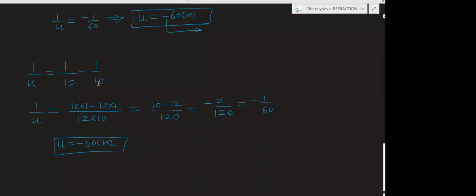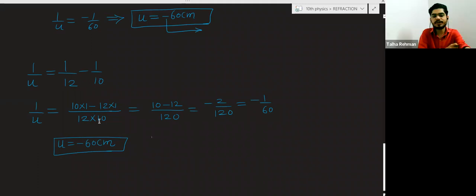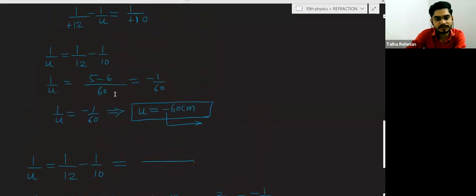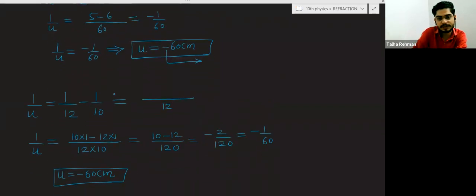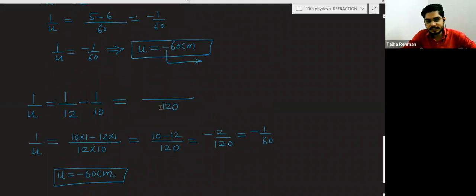You just simply multiply. And one thing you can notice here: I have taken 60, and you have taken 120. Definitely this 120 will be in the table of 12. 12 tens are 120, and this 120 will also be in the table of 10, when you go 10 into 12, meaning 10 twelves are 120.